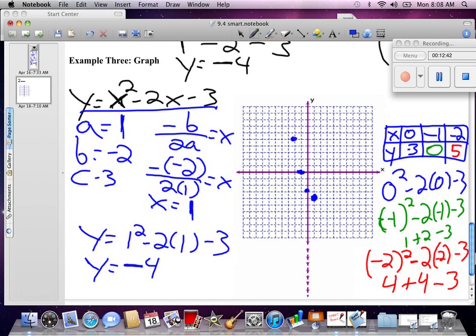Okay. Since that point at the bottom is where it's symmetrical, I can go to each of these points and go to the other side. See how this is 1 away from the middle, from my line of symmetry? Here's my line of symmetry. This point is 1 away, but it's on the same y value.